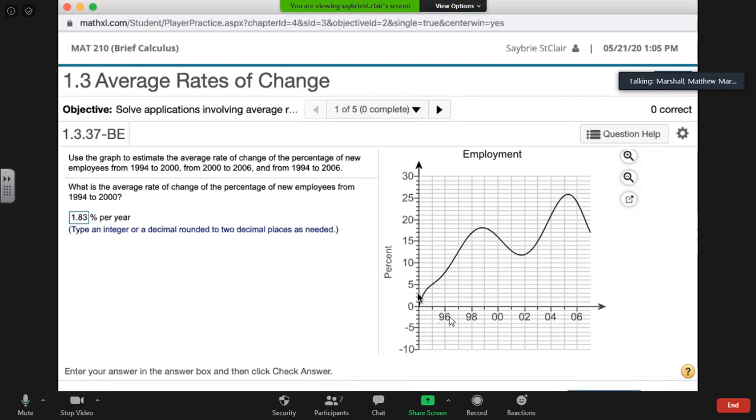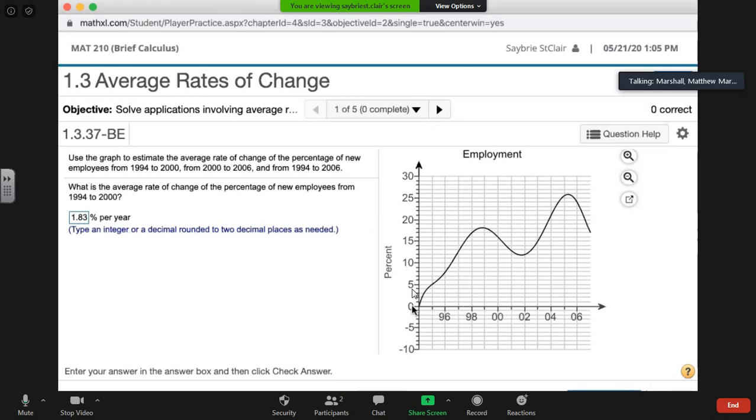Oh wait, 6. Oh, you're right. Yeah, I mistakenly thought one box over was 94, but you're right. Because it looks like that's 95, 96, 97, 98. All right, so that makes sense.